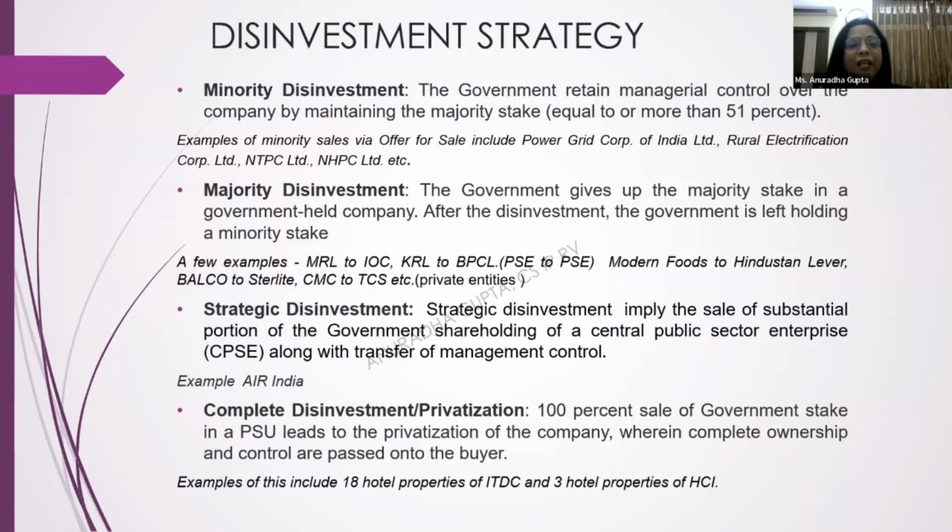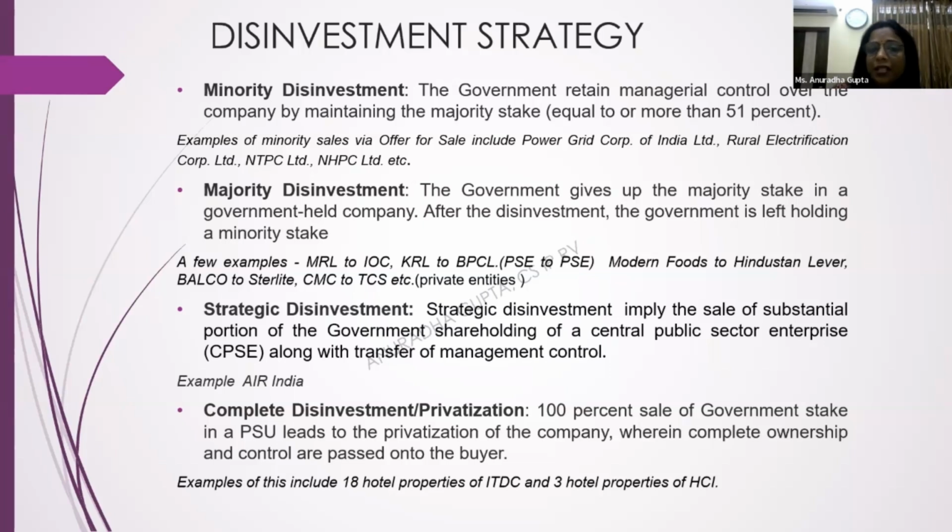For example, if we see the case of a company named BEML, Bharat Earth Movers Limited, it is also in the process of disinvestment, right? Where the stake that is offered by the government is around 26%. So post that also, I think the total stake held by the government is around 52 or 53%.